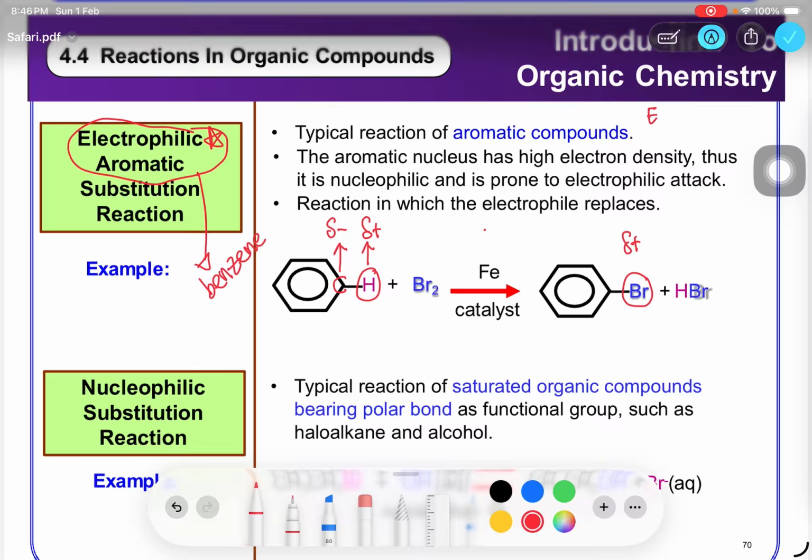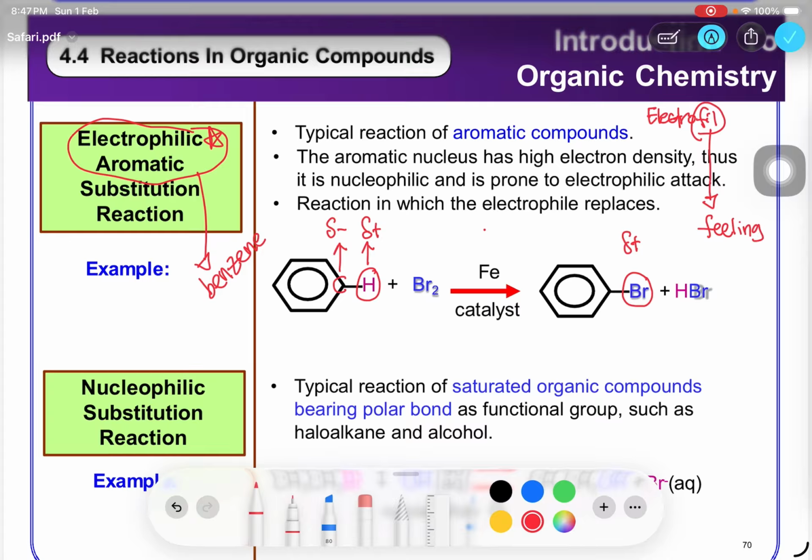So, in general, I always let the student know, electrophile is the bahasa term for electrophile. So phile here is the meaning, the pronunciation similar with feel, which means feeling.